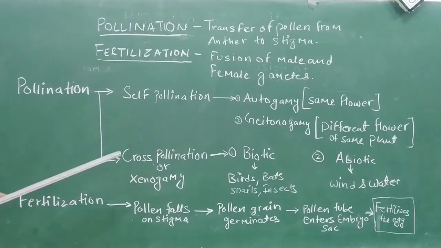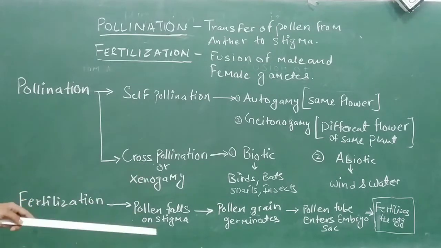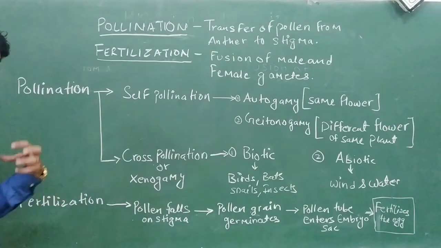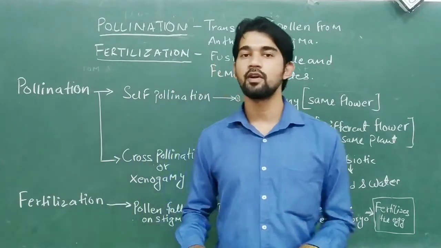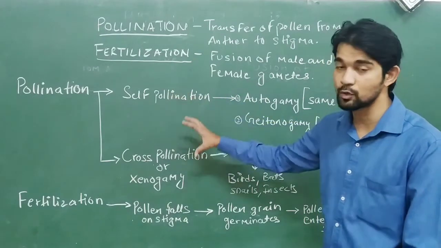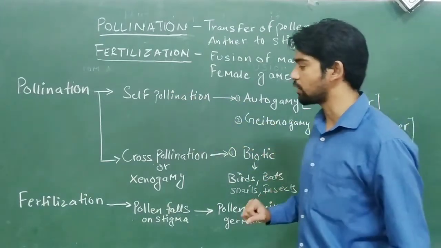In insects, it's known as entomophily. And the abiotic agents, anemophily, is the wind carrier, and hydrophily, the water. This word 'phily' refers to the phenomenon of pollination which is taking place by these biotic and abiotic factors.